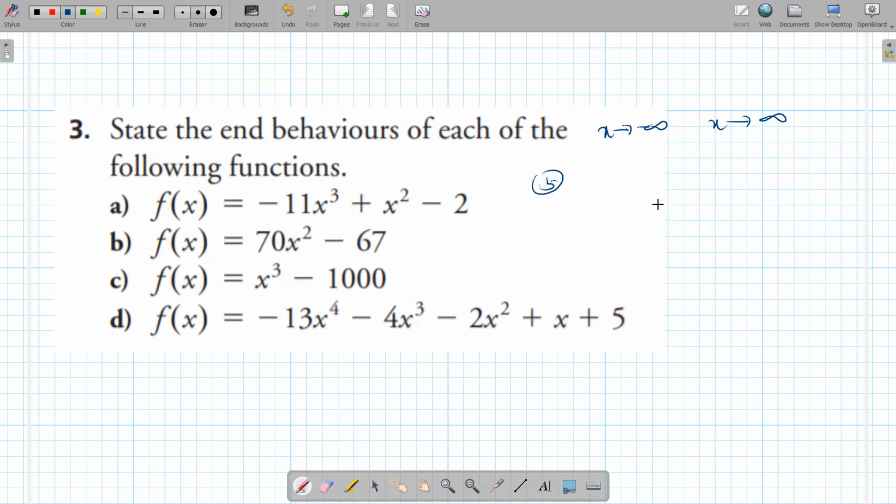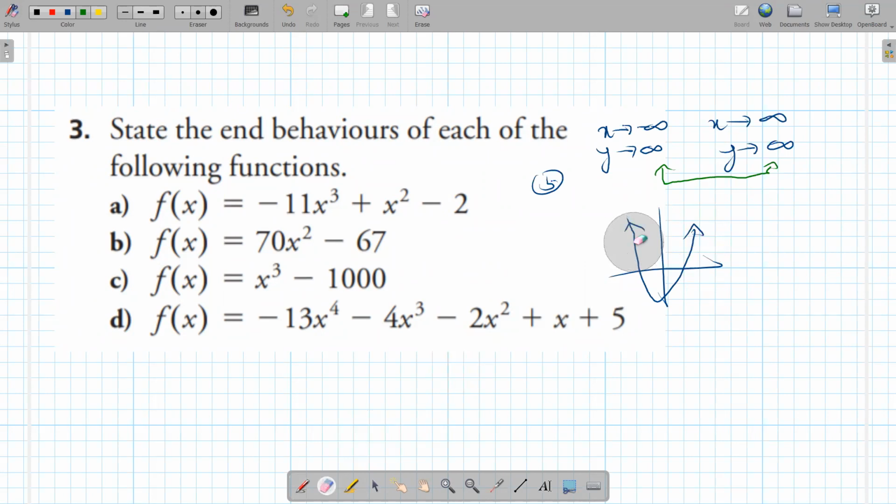So let's look at B. For B, it's a positive quadratic, right? Y is going to positive infinity in both instances. So for an even polynomial, these two will be the same. Look at C. So the same, and then for odd, the signs will be opposite.